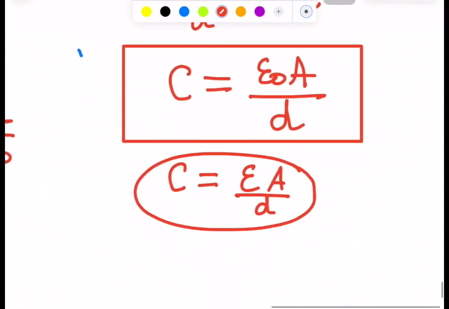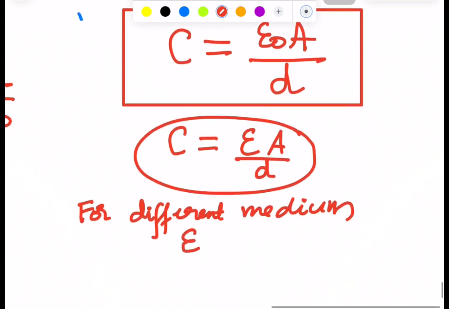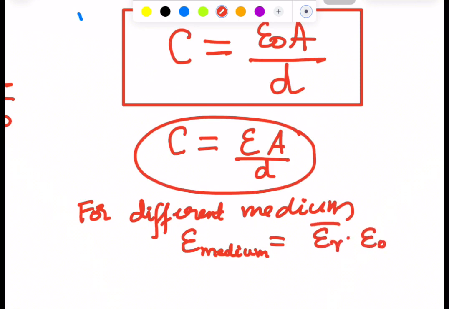For a medium other than vacuum, it is found that the permittivity of the medium is related to the permittivity of free space by one constant. That constant is called the dielectric constant.